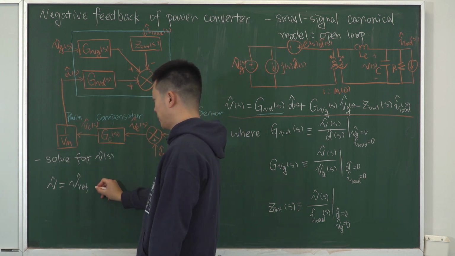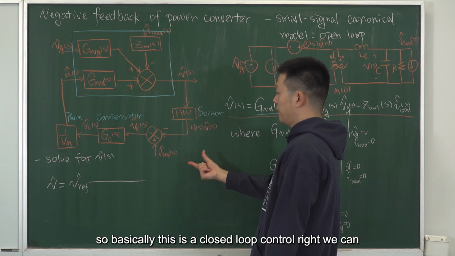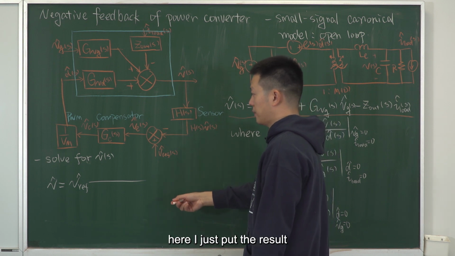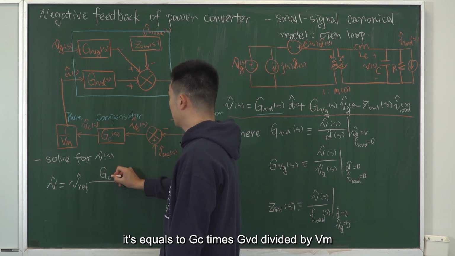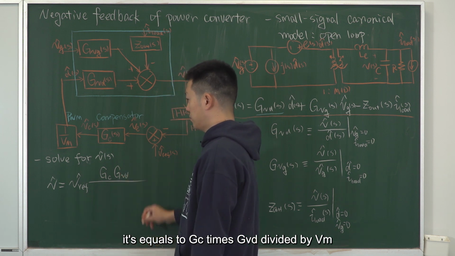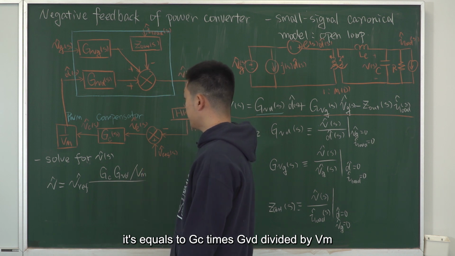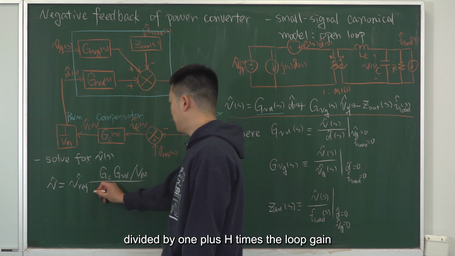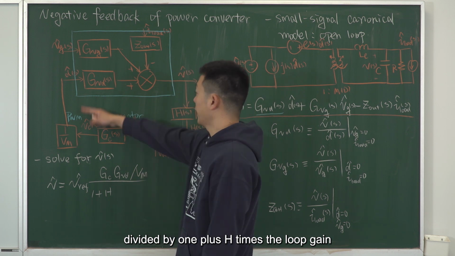So basically this is a closed loop control, right? We can analyze them one by one, step by step. Here I just put the result. It equals GC times GVD divided by Vm, divided by 1 plus H times the loop gain, right?